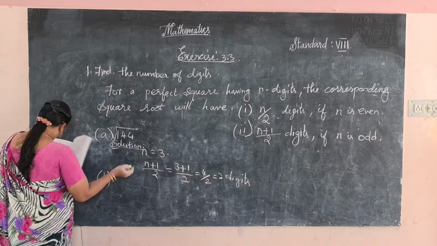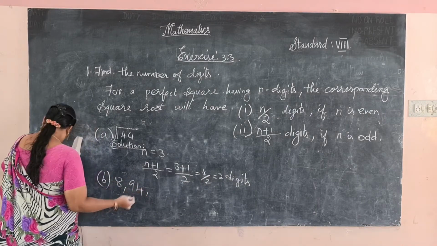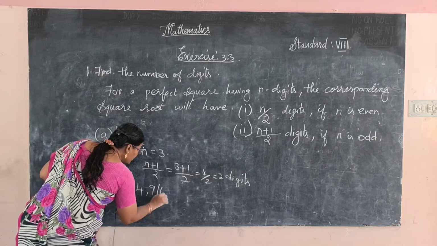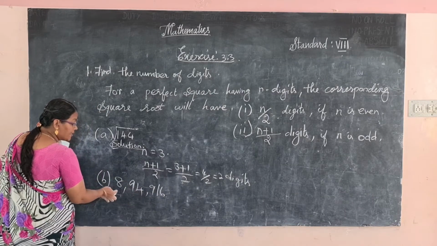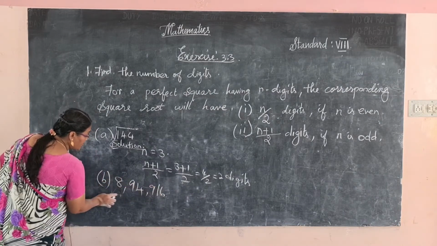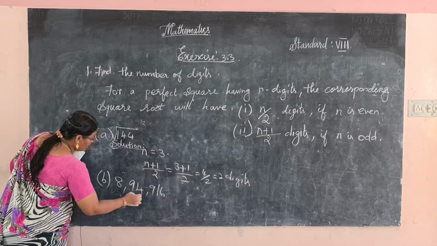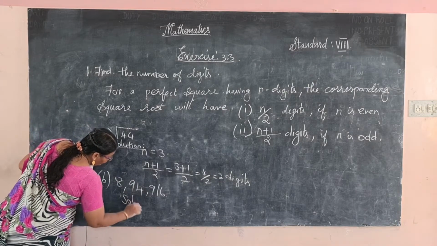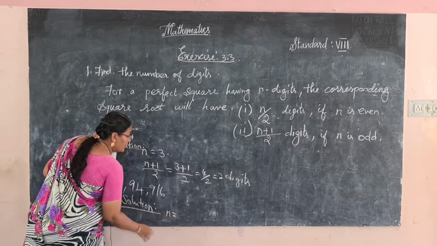And the next one, (b) 8,94,916. Count the digits. 1, 2, 3, 4, 5, 6. So how many digits are there? 6. Is 6 even or odd? Even. So solution: the number of digits n is equal to 6.